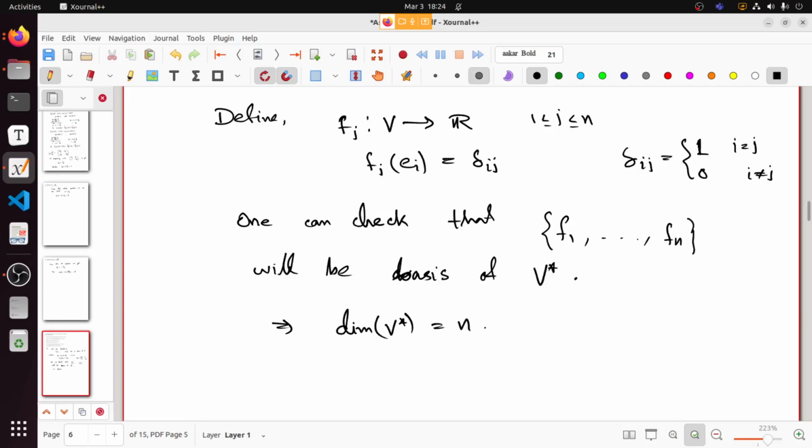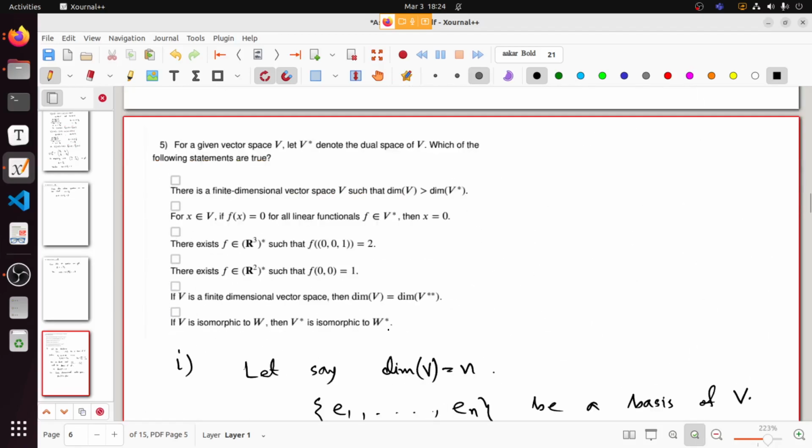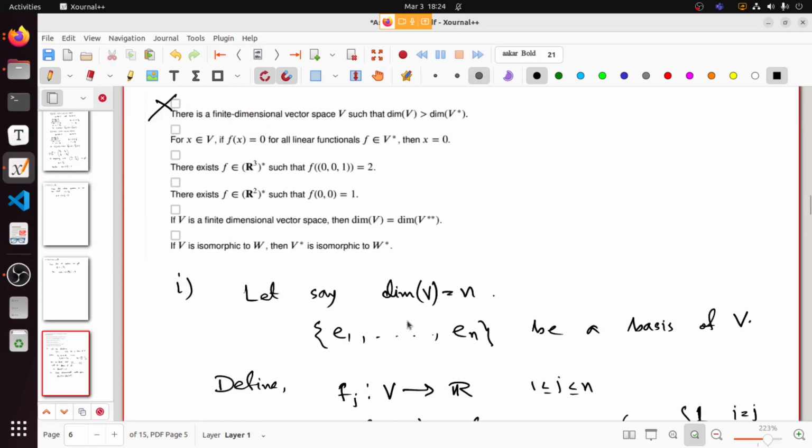Therefore, for a finite dimensional vector space, dimension V equals dimension of V star. So the first option is false. It says there is a finite dimensional vector space for which dimension of V is strictly greater than that of V star, which is not true.